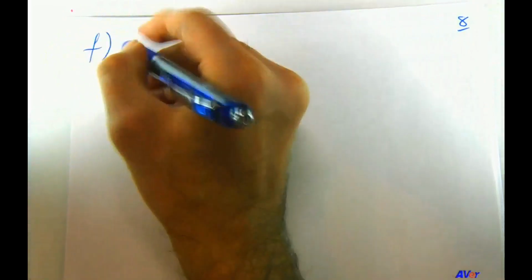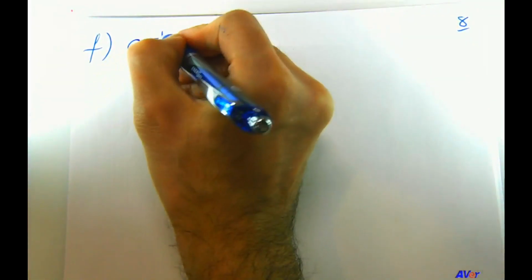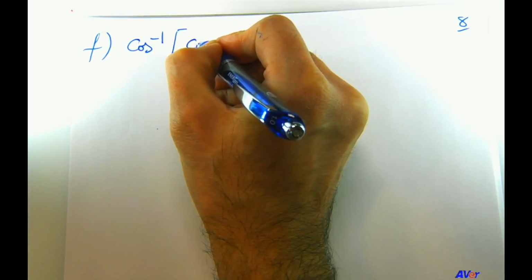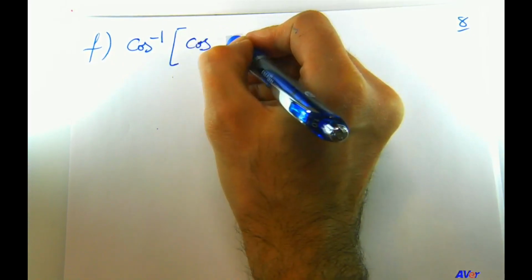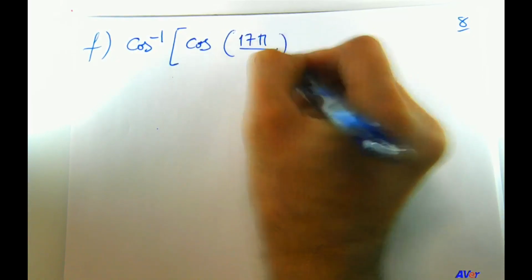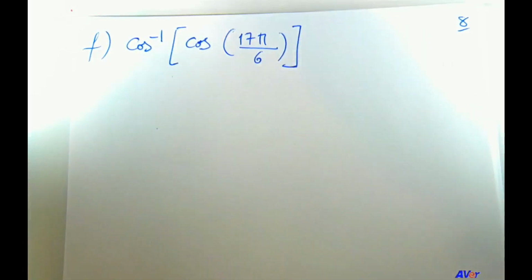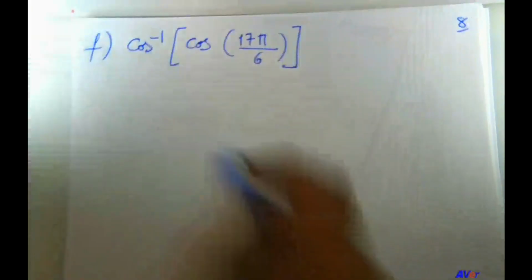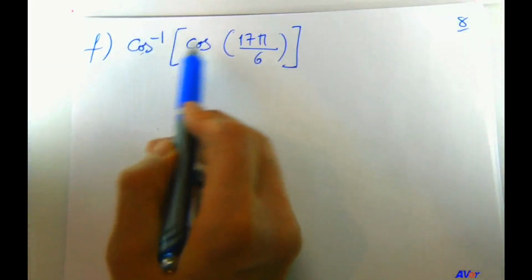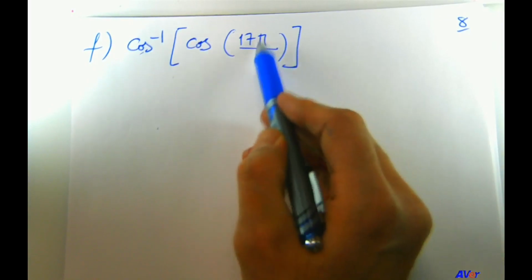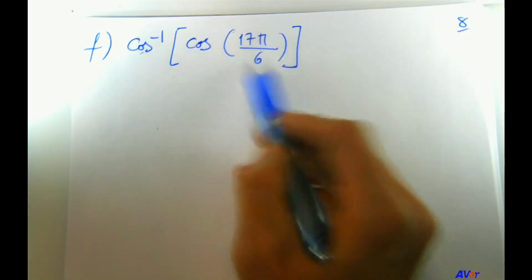So this would be f. We want to find inverse cosine of cosine of 17 pi over 6. Compare this: this is a very large angle, many cycles.